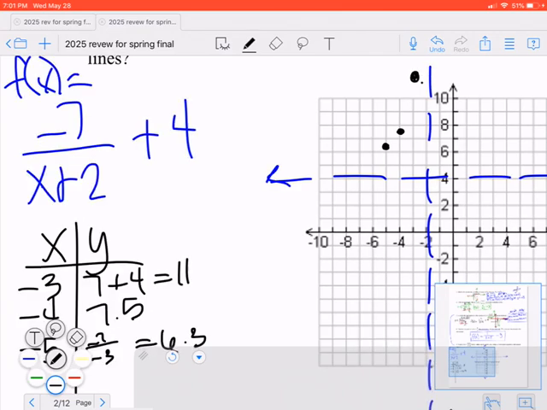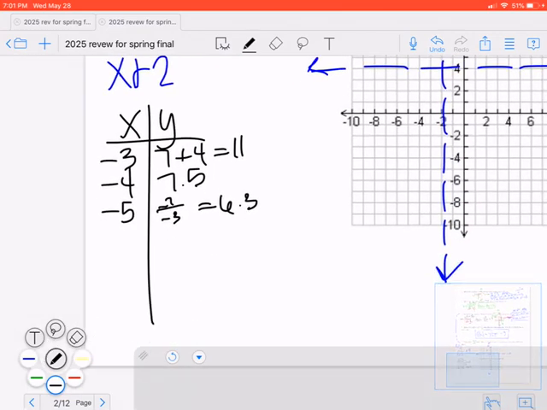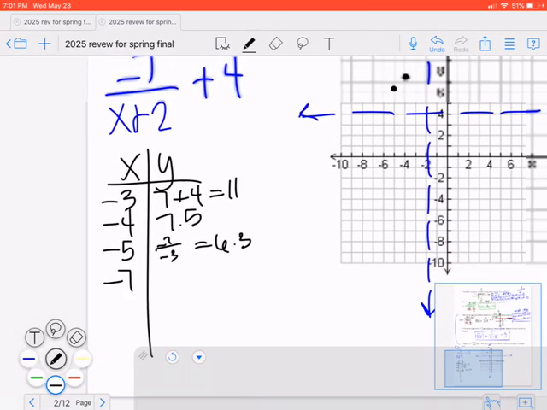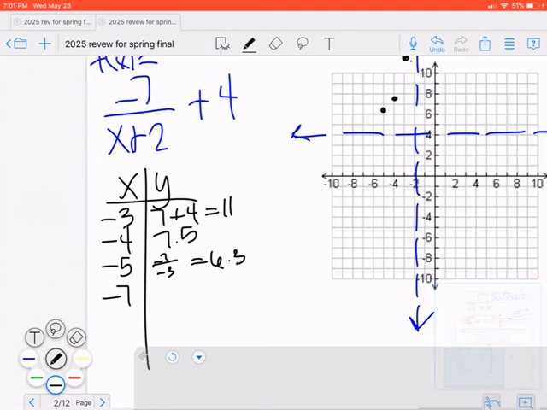So we're slowly curving it over there. I'm going to jump to negative 7. So negative 7 over negative 5 is 1.4 plus 4 is 5.4.